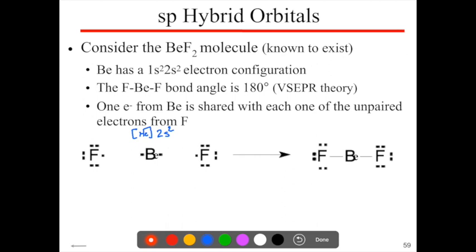Now, I'm going to write it in a different way in this Lewis structure than what I would normally, because normally I would say beryllium has 1 electron, 2 electrons, and I'm just going to write it such that I have 1 on one side and 1 on the other. But also, if I write the electron configuration differently, I would have helium and 2s. I would actually say that those electrons are paired.